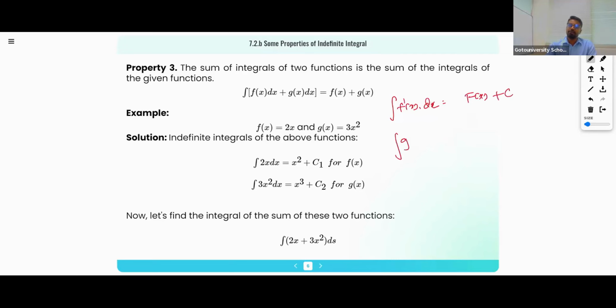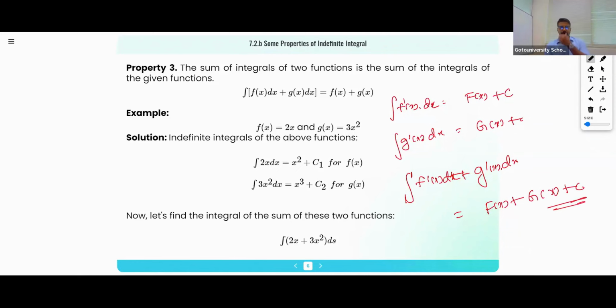Similarly, the integral of g dash of x with respect to x is going to give you g of x plus c. Now, if I want to add them separately, or after adding them, if I'm integrating, it should have the same variable of integration. Then I can separately write it with a common arbitrary constant.